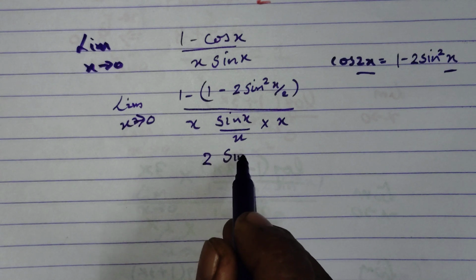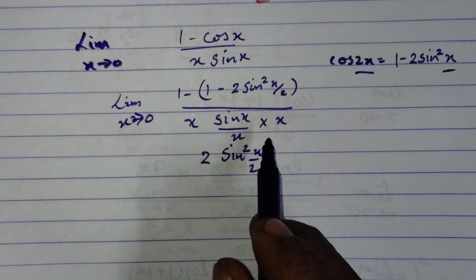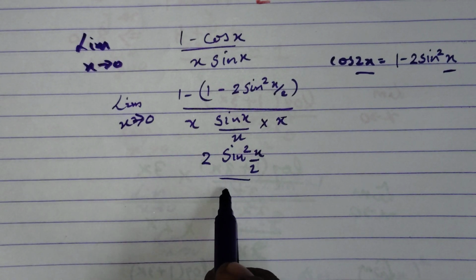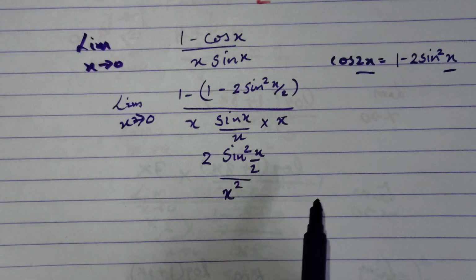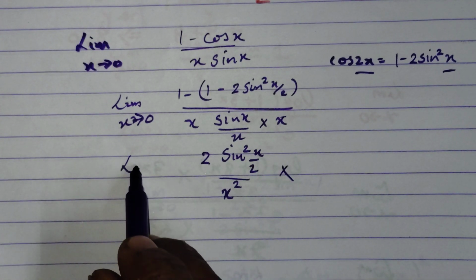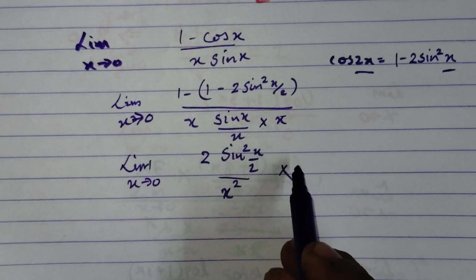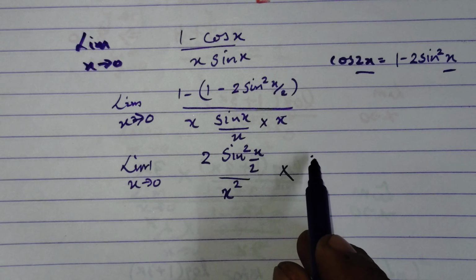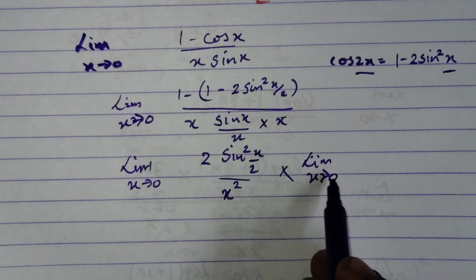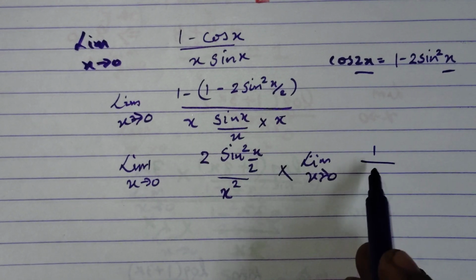So 2 sin square x by 2, and x into x becomes x square, and we have limit x tends to 0, and in the denominator there is also a second term, limit x tends to 0, sin x upon x.